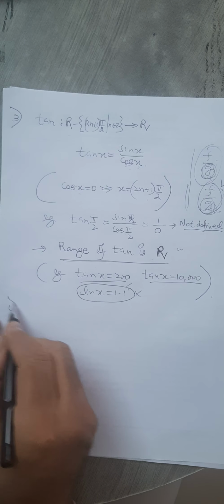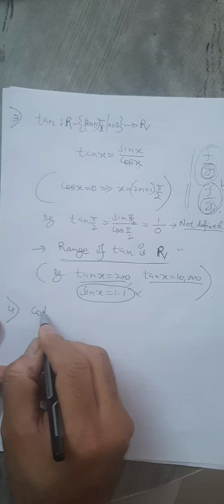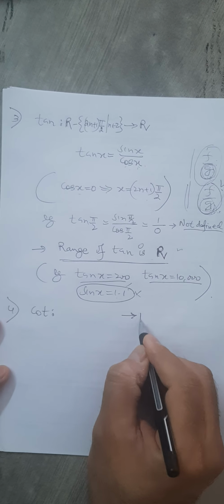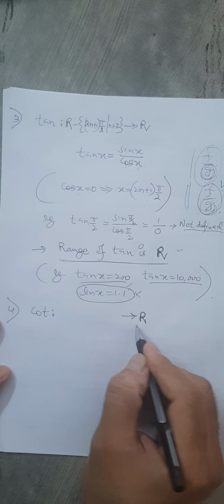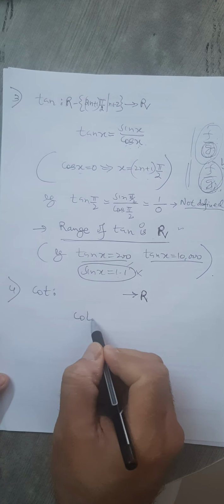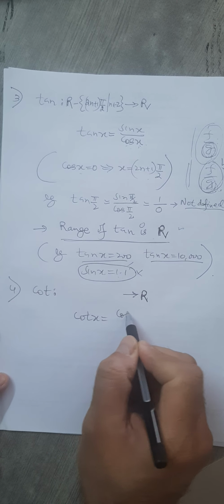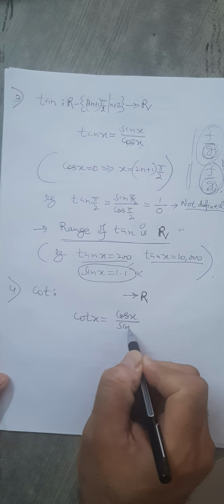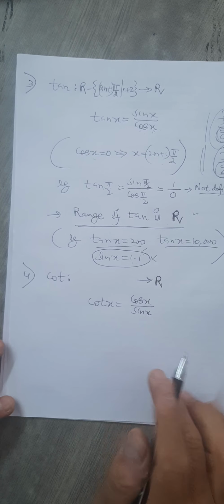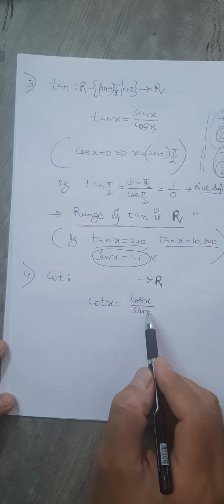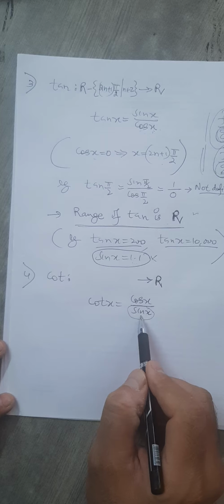Now we go to the cot function. Cot is a function from something to R. Codomain will be R. What's the definition of cot x? That you know, it is cos x upon sin x. Now again, this is a division of two functions. Which function is in the denominator? Sine function.